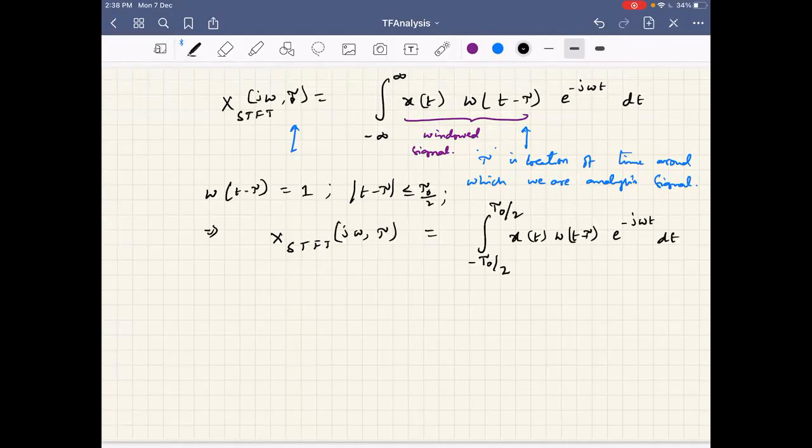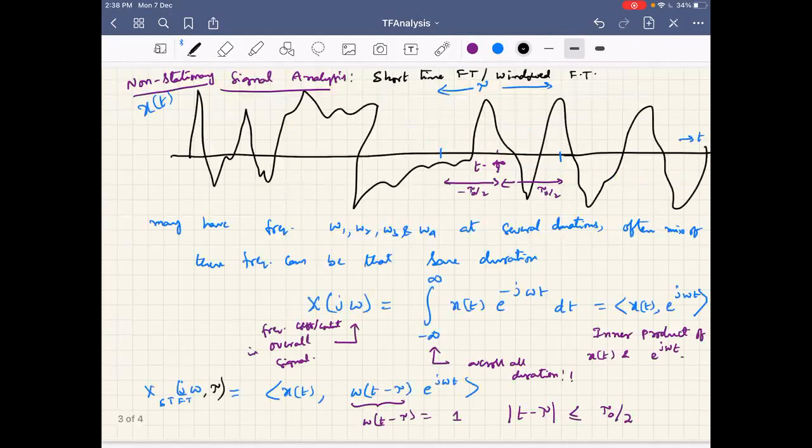What is the advantage of the short time Fourier transform? If we want to analyze at any particular instance what all the frequencies are, we take a window around it and find the Fourier transform.